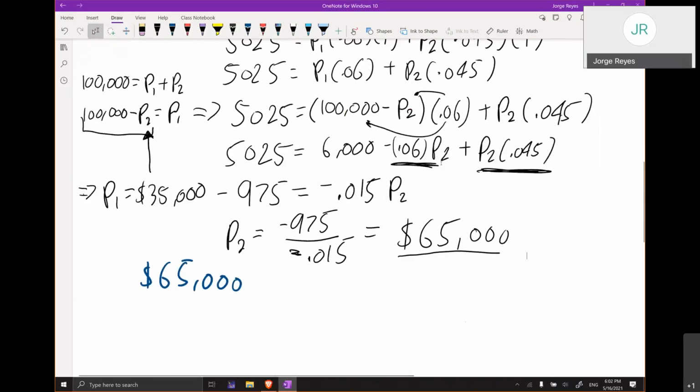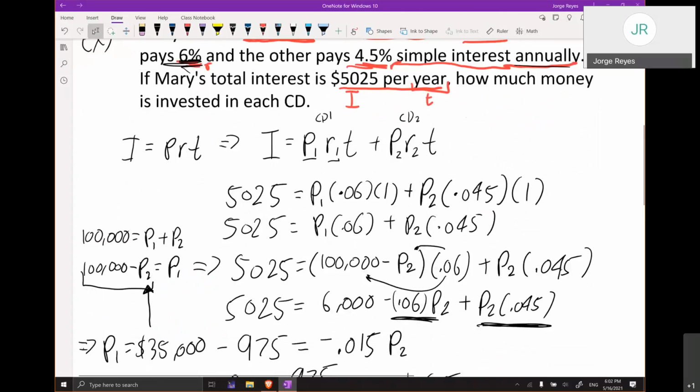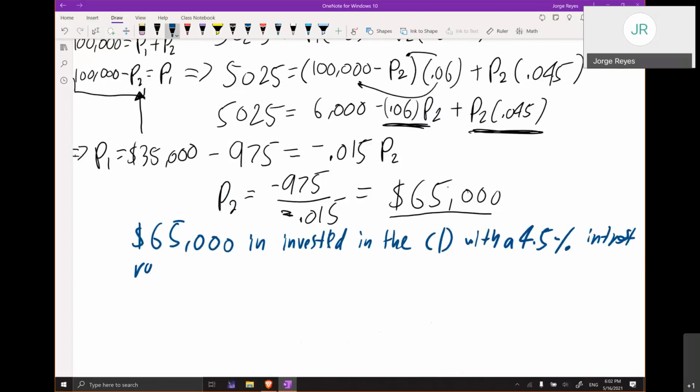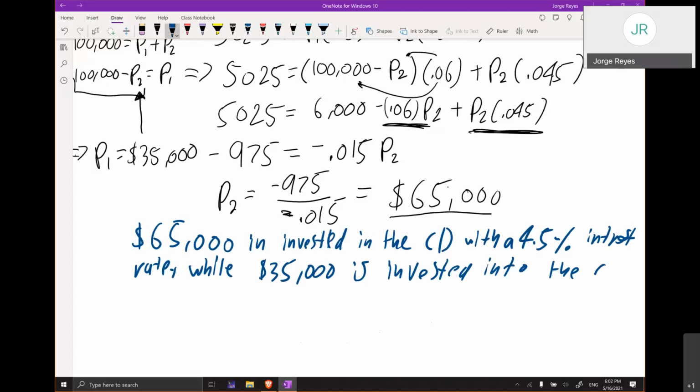So P2 is the one with a 4.5, so $65,000 is invested into the CD with a 4.5% interest rate, while $35,000 is invested into the CD with the other interest rate.